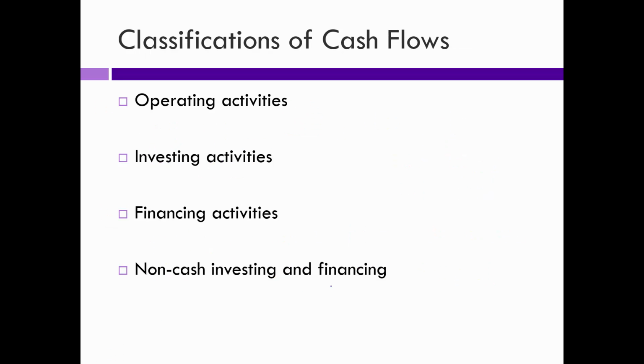Okay, those 3 areas on the cash flows. The operating activity will show us cash flows that are related to current assets, current liabilities, and then things from the income statement.